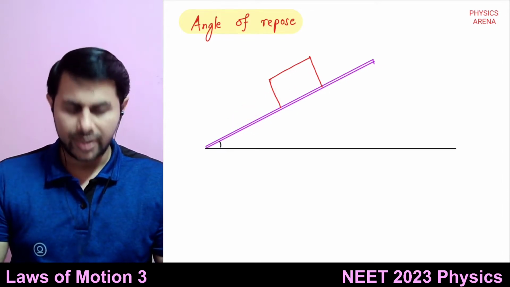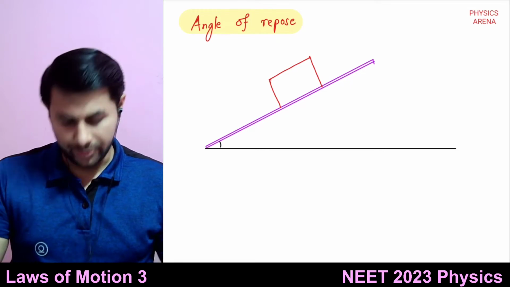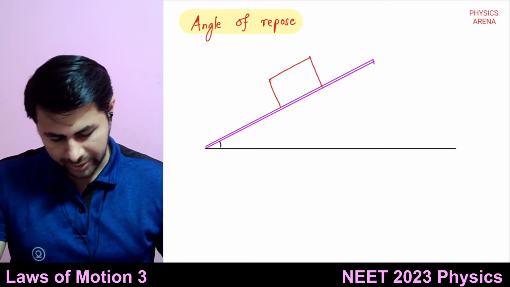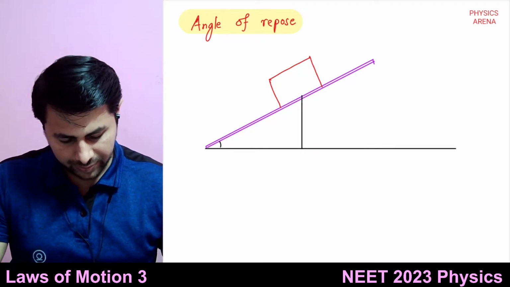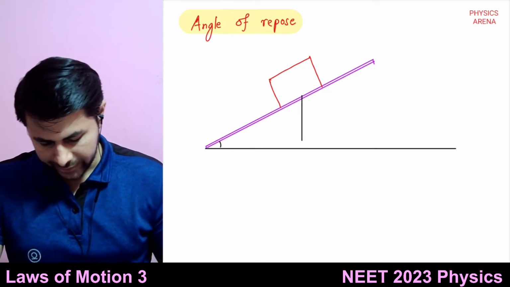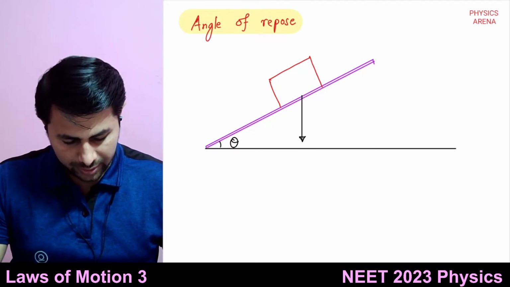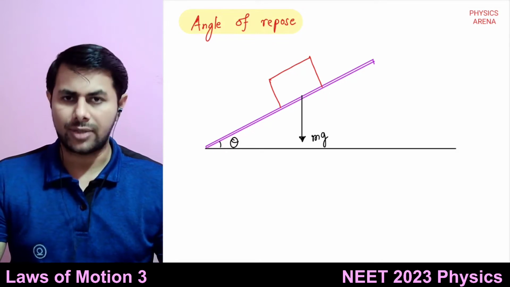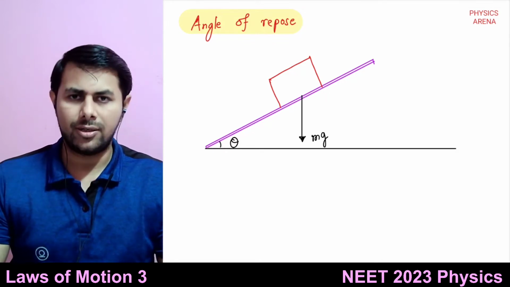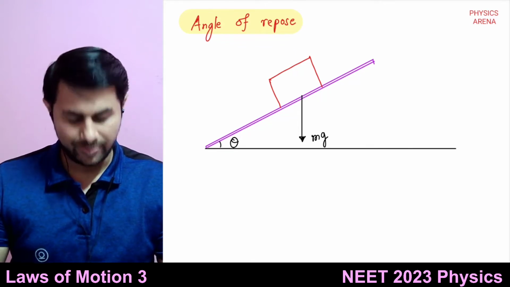Okay, so what are all the forces acting on this block? So there will be one force due to gravity. It acts vertically downwards like this. Okay, so this angle is suppose theta. So this is force mg due to gravity, and there will be one force due to the plank.